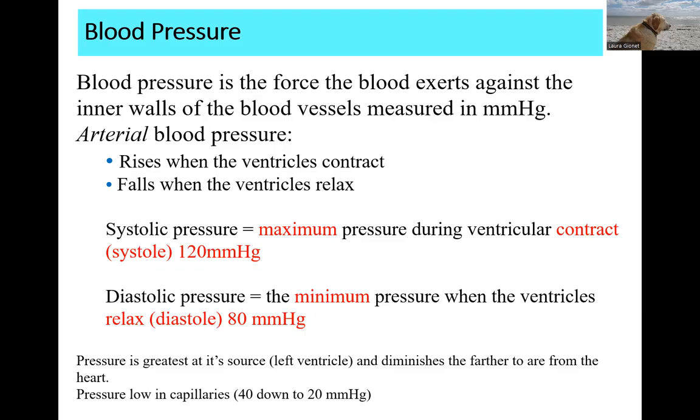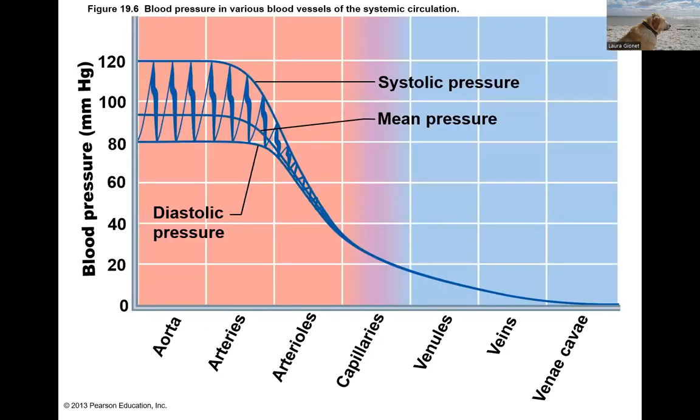Pressure is greater at its source, the left ventricle, and diminishes the farther away we are from the heart. The pressure is low in the capillaries, about 40 down to 20 millimeters of mercury, and further drops in the veins, and further drops in the superior and inferior vena cavas, where it will be the lowest before it enters the right atrium.